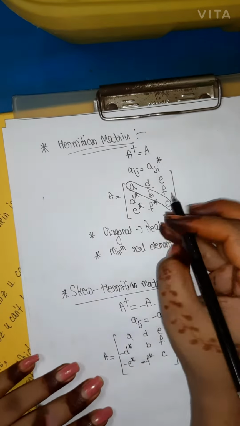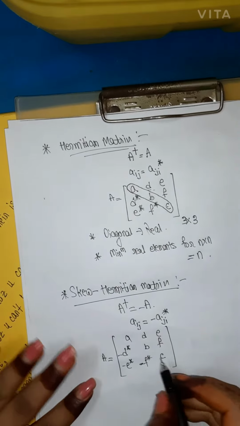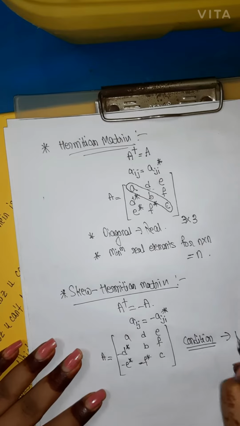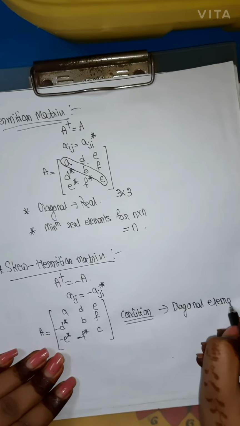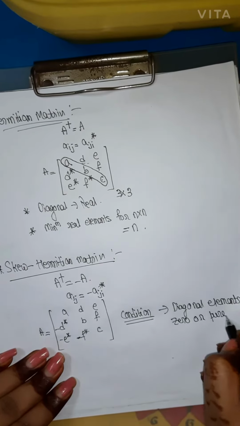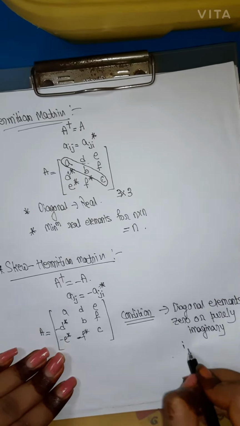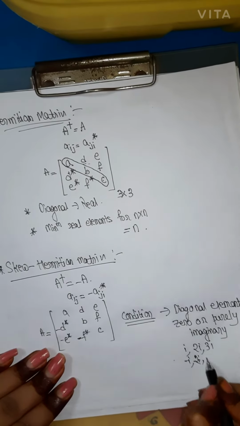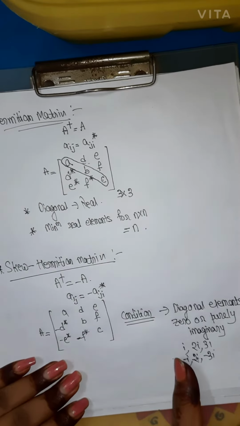Now, as we have said that this must always be real, here the condition is the principal diagonal elements must be zero or purely imaginary. What do you mean by purely imaginary? That is i, 2i, 3i, likewise, or minus i, minus 2i, minus 3i. This must be purely imaginary.